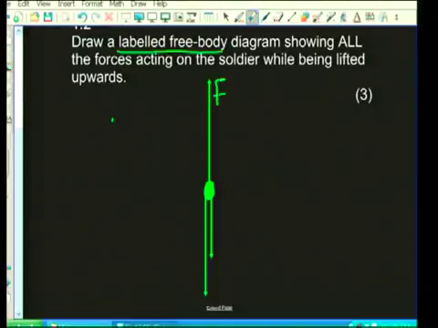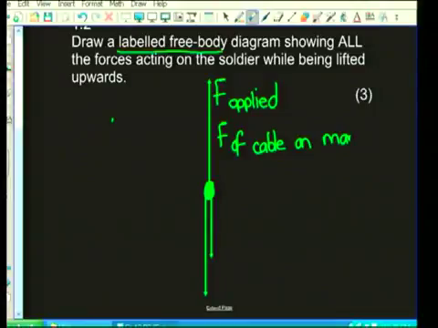So this would be my applied force. You could also call this the force of the cable on the man, okay? Anything like that. This one is the force of the air friction, okay? You could also say friction.